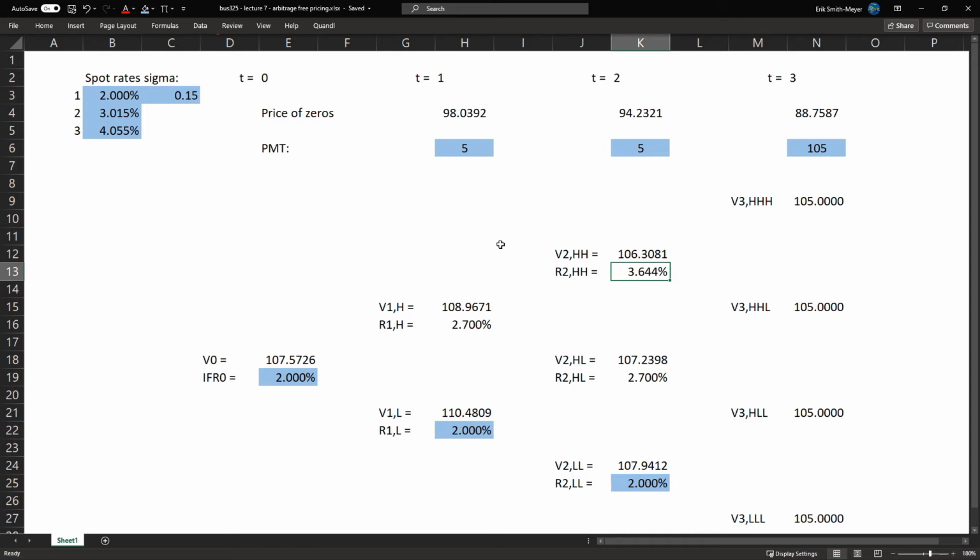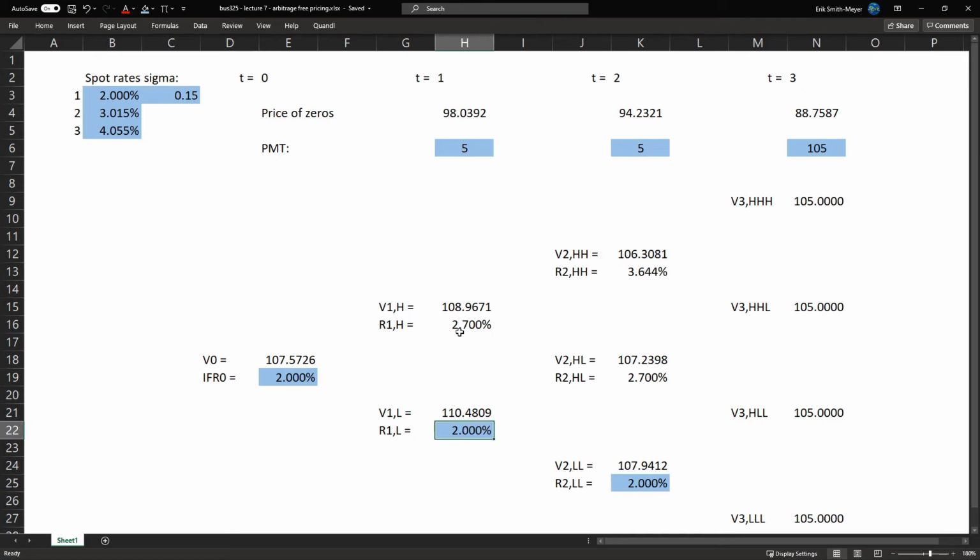Okay? So what we do then is that we know that the price of this zero is based on an interest rate of 2. This is our first step in the interest rate tree. However, we have just guessed the year 2 low rate and hence the high rate.